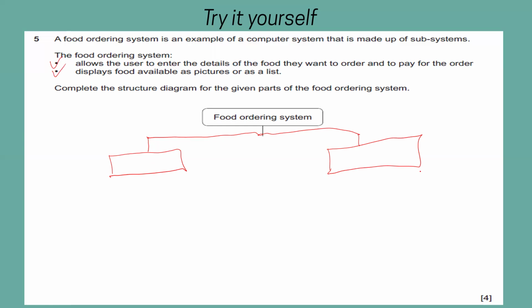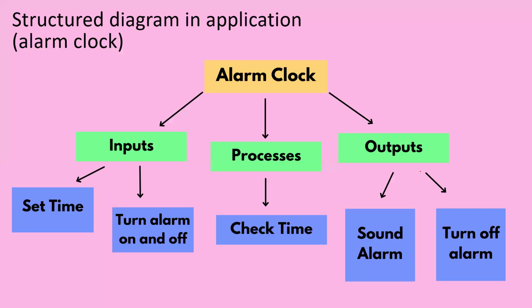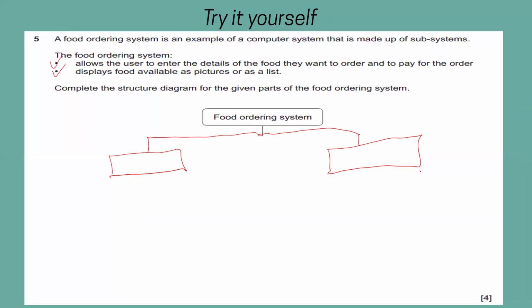And let me go back a little bit to show you what possibilities we can have once we are thinking about an alarm clock. Now, you don't have to think about it. The things are already given. The food ordering system, the top layer.